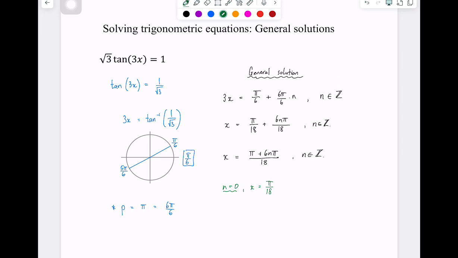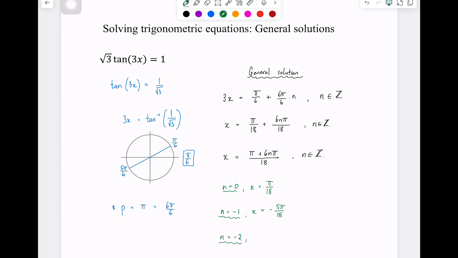Pi on 18. Now we want our negative solutions. So if we let n equal -1, we will get -6 pi here. -6 pi plus pi is -5 pi on 18. That's our first negative solution.